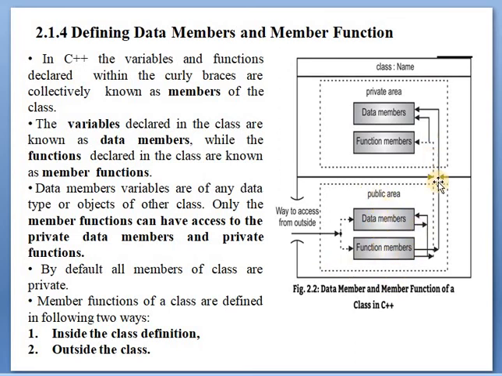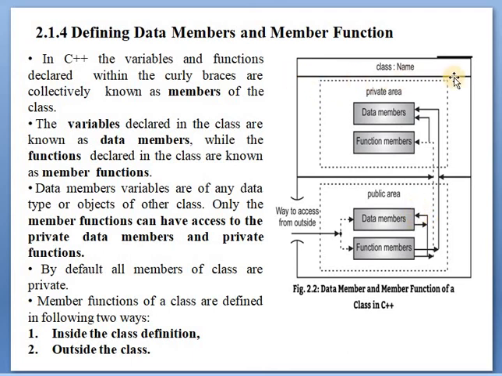So see here, only the function members of the same class can access the data members. Here function members of private are also able to access the data members, and functions which are declared in the public area can also access the data members. Again, these function members can access the data members which are present in a public area.